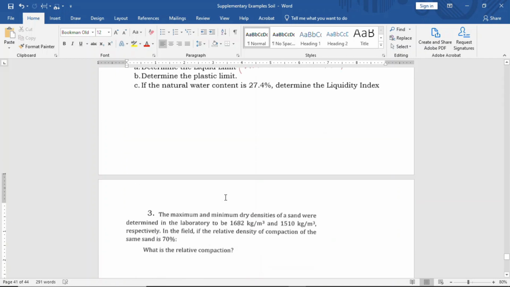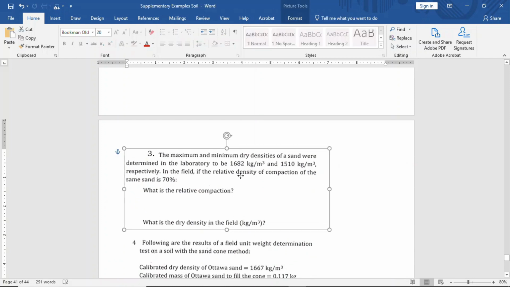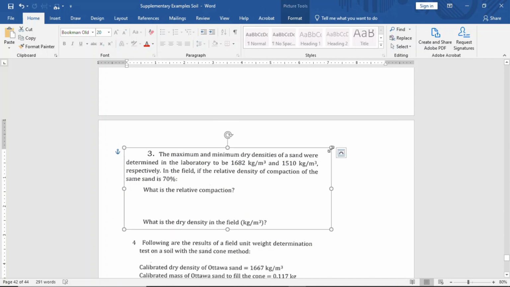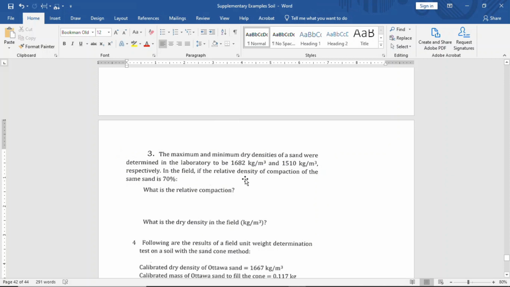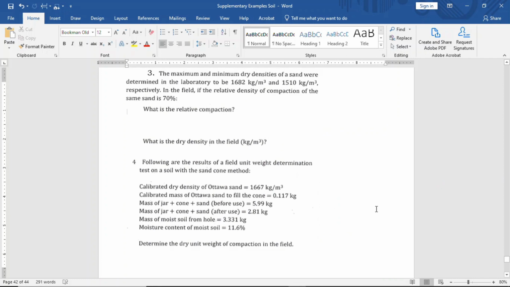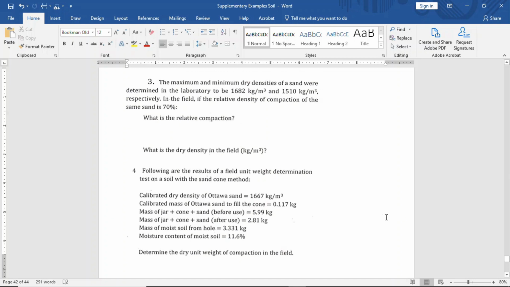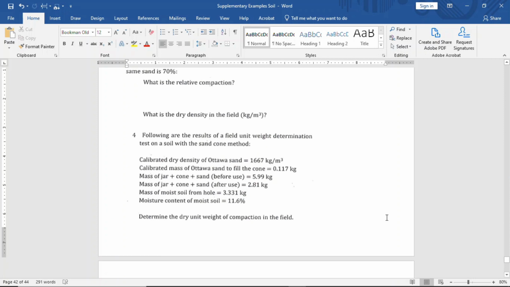Tapos, yung sa number 3 naman natin is ibang topic. Please search for the formulas for the relative compaction. So, relative compaction sa number 3, tapos relative compaction din sa number 4. So, please solve for this problem.